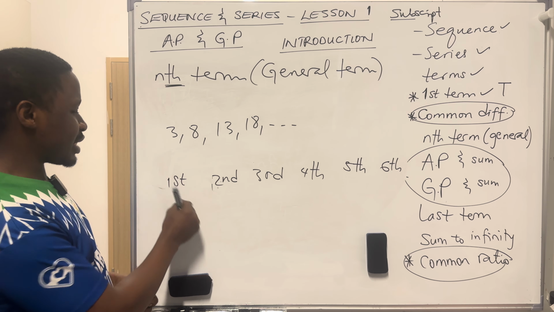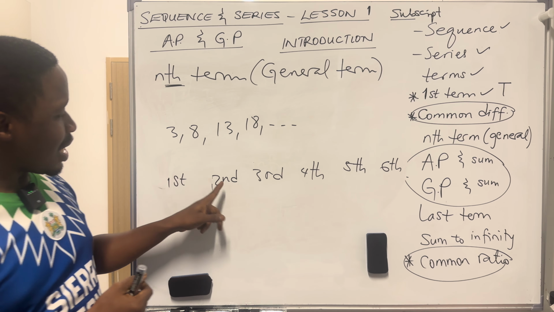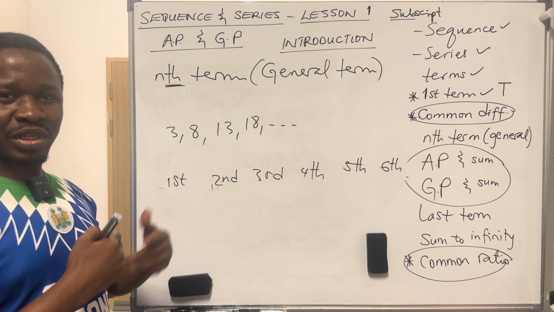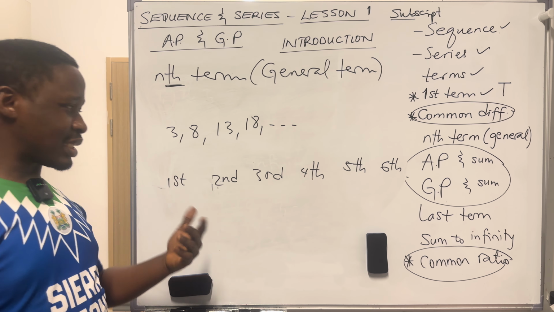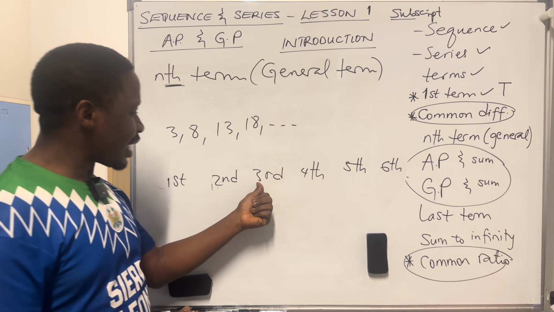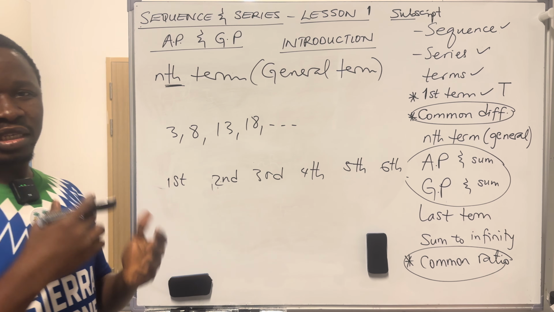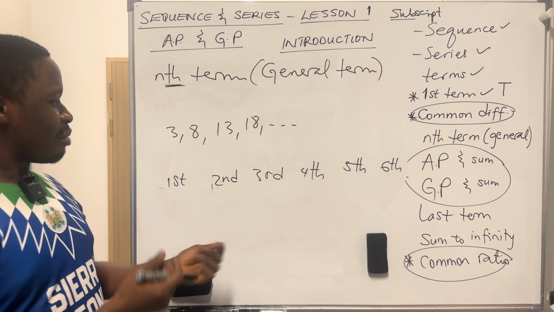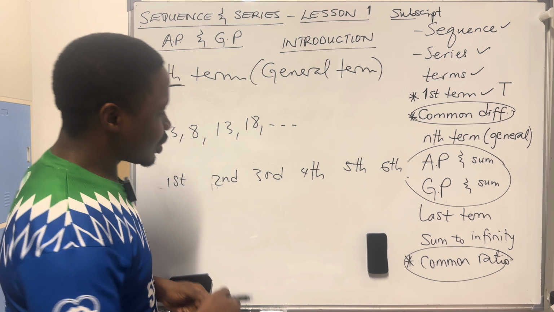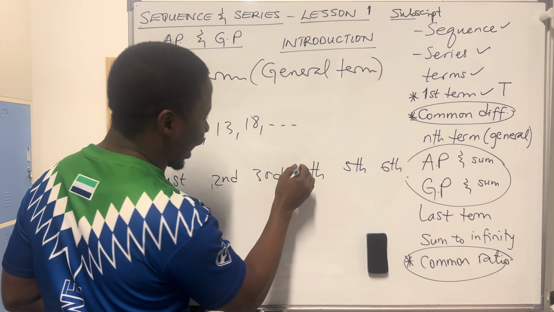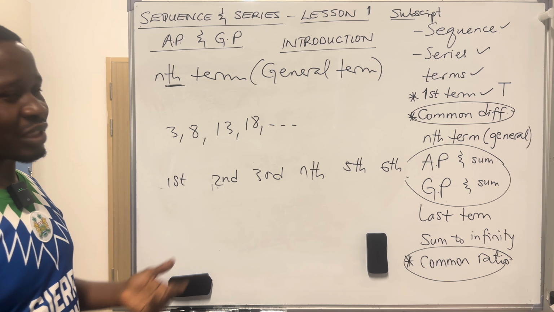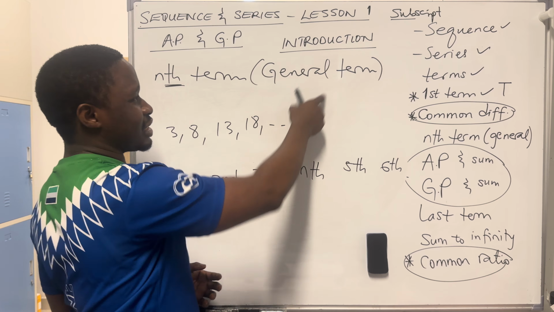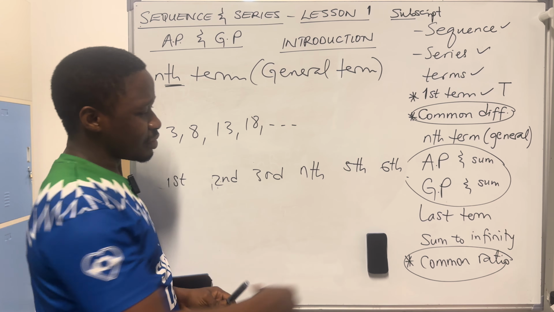We only have st for a few, like first, and nd for a few, like the second, the 22nd, the 32nd, and rd is just a few cases. But th dominates. So if you replace this with n, we have the nth term, meaning the general term.